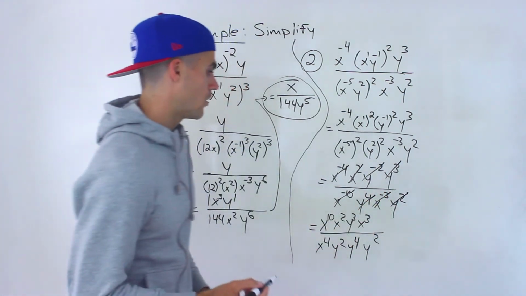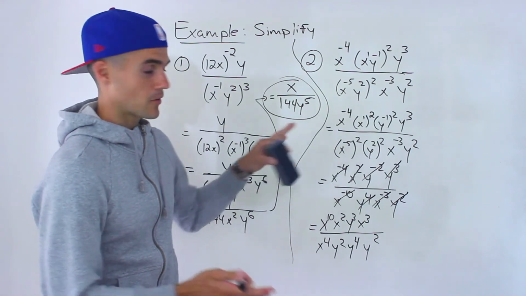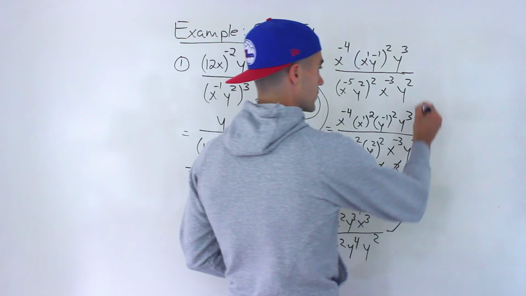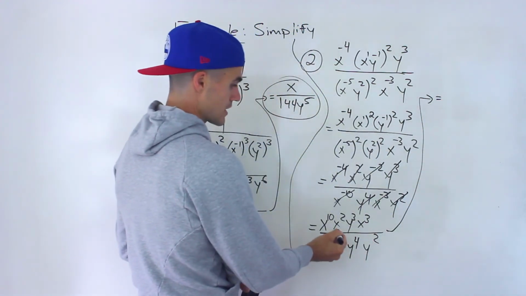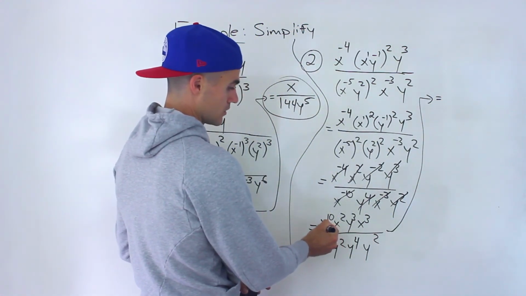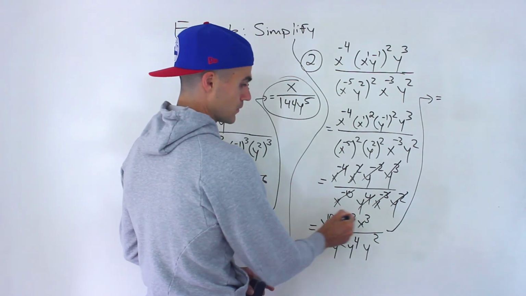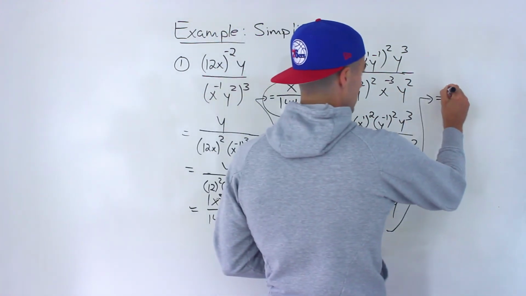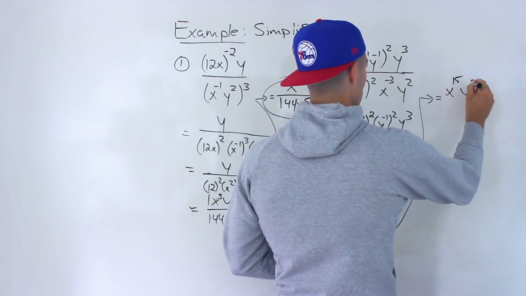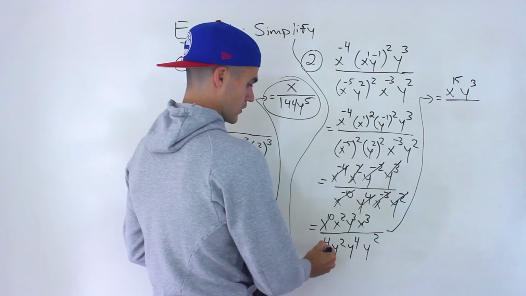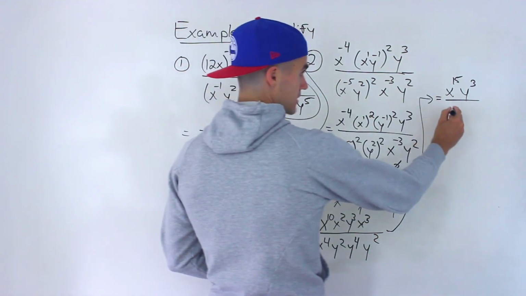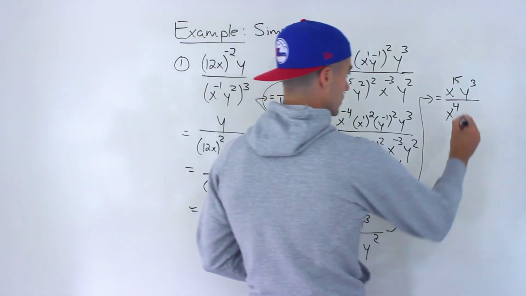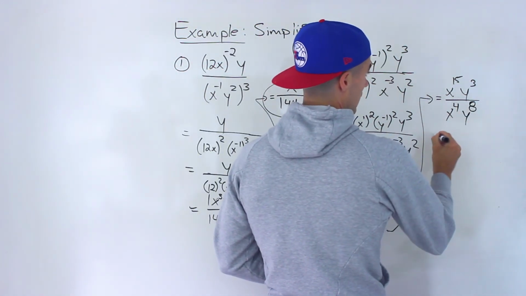Right, so we took care of all the negative exponents. Basically, any negative exponents I switch to be positive exponents. Then from here, we can simplify. So here we have x, x, x, so we can add those. 10 plus 2 plus 3 gives us 15, so we'd have x to the 15, y to the 3, all over just x to the 4 over here, and then 2 plus 4 plus 2 gives us 8, like that.